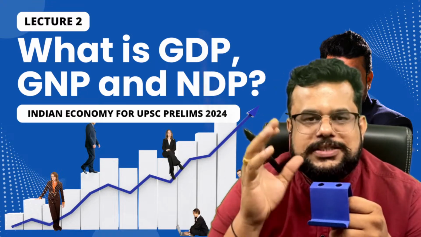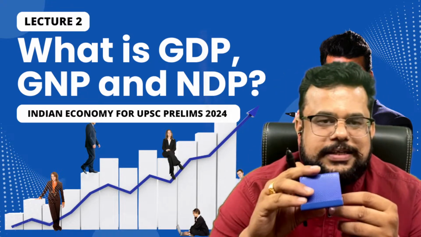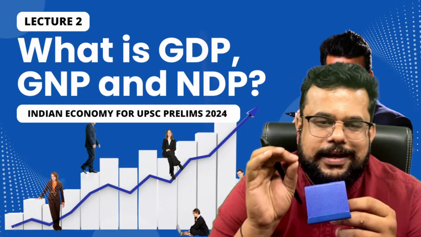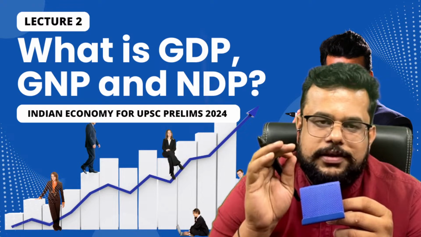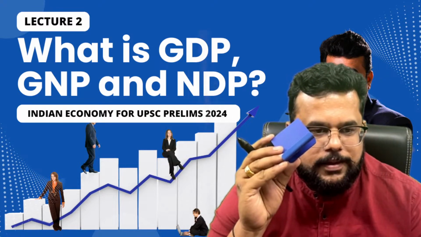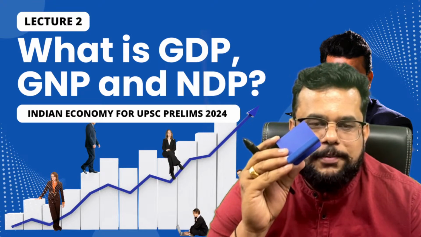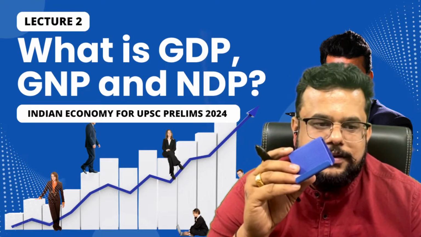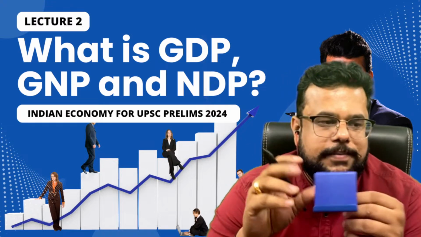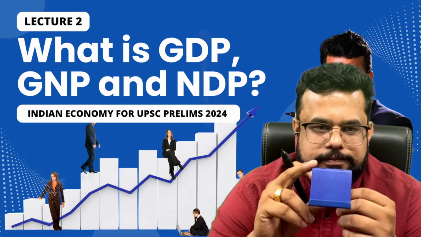GST is an example of product tax, because it is imposed on each and every unit. So 5 rupees is the cost of this product, and 1 rupee is the product tax, that is GST. The final price or the market price will be 6 rupees.